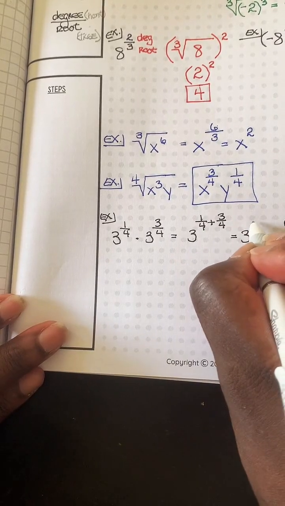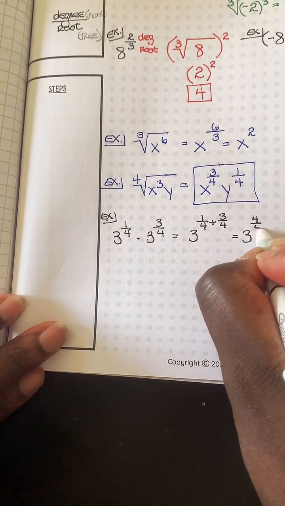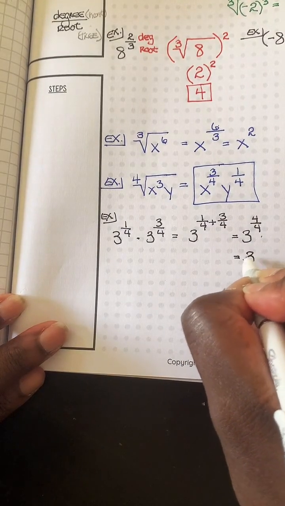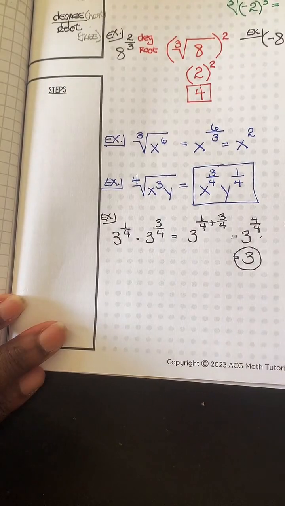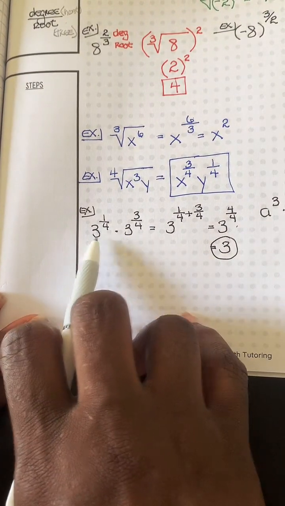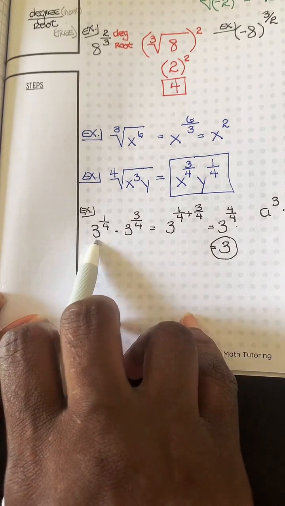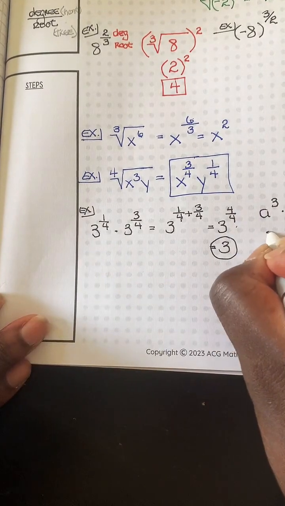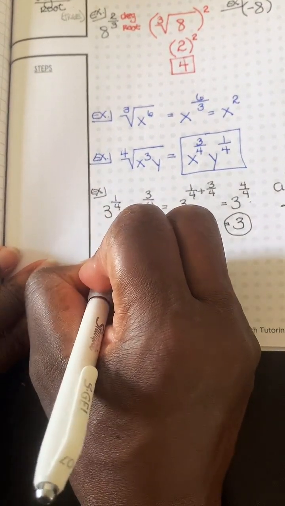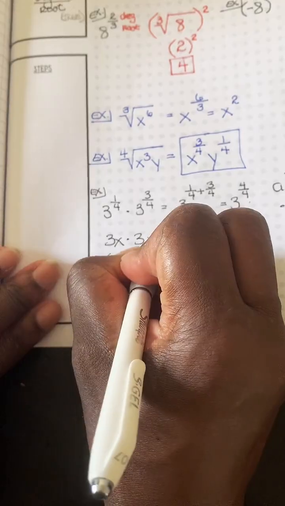So 4/4 gives me 3 raised to the 1st power, which is 3. So we're not doing anything with the bases, okay? It's not 3x times 3x.